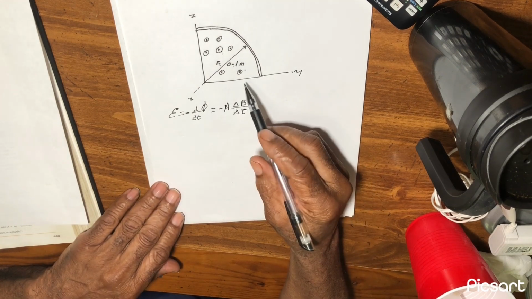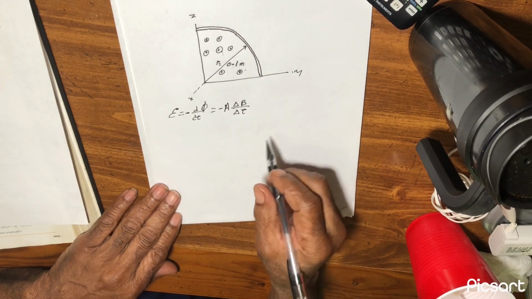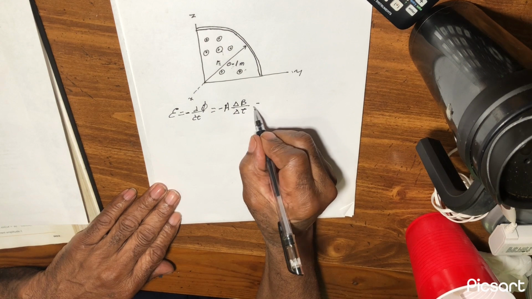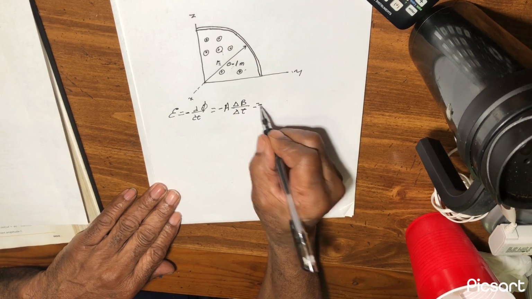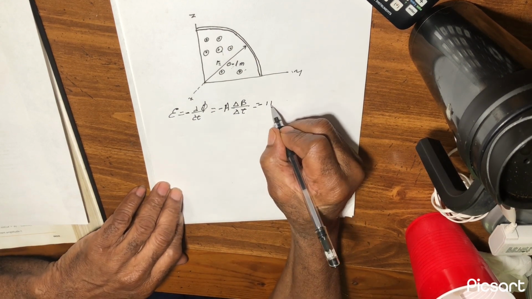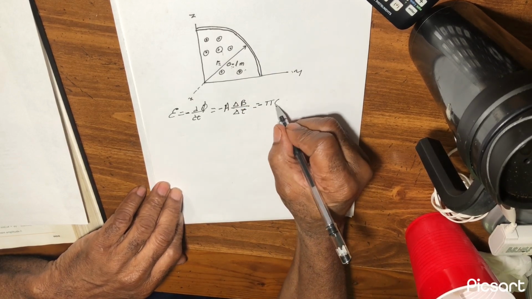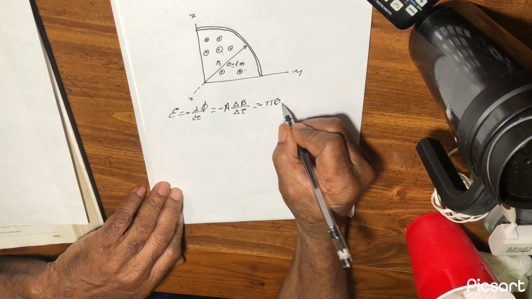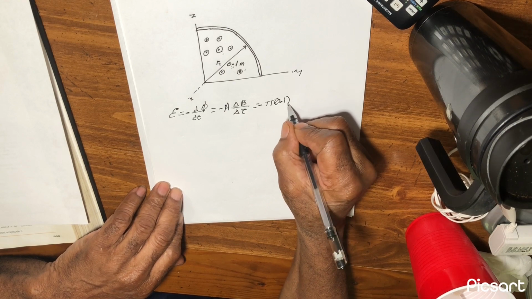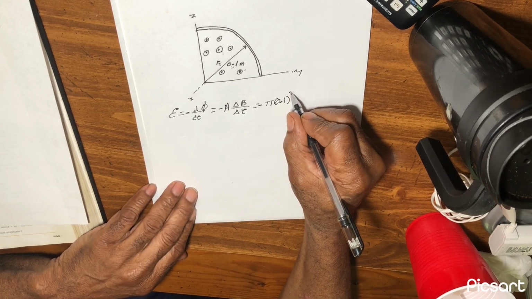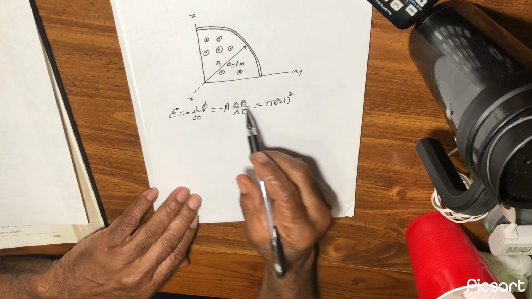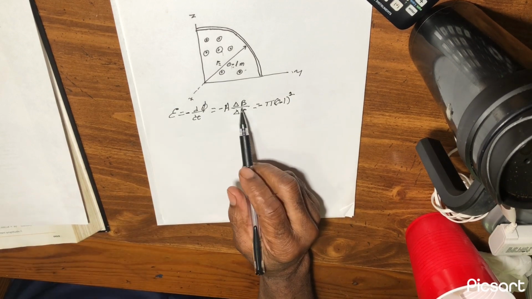Now we'll set up, what is the area? Well, the area is equal to pi, and R is 0.01, squared, times the change. Now we know that'll be B.